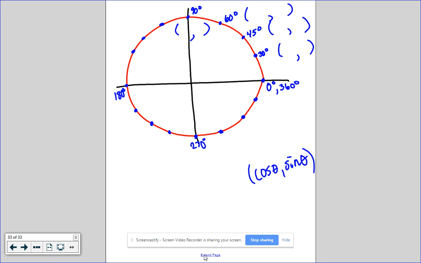Okay? So we're going to start by going back to that chart that we did Friday. Cosine of 30 from our chart is square root 3 over 2. Cosine always goes first. Cosine is x. Sine of 30 is 1/2.